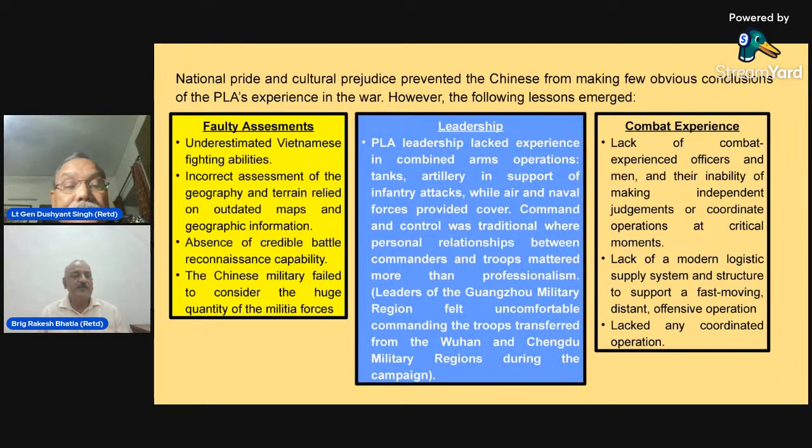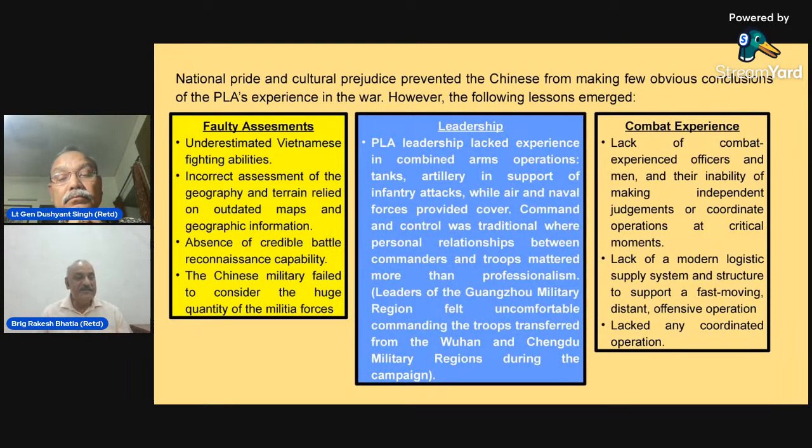Logistics was a big issue, and weather also played a part because it rained very heavily. In fact, they say that essential rations and ammunition had to be carried on donkeys and mules because the slush and the roads were so bad that Chinese logistics could not reach the intended place.